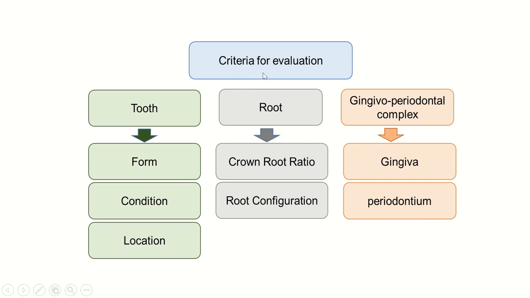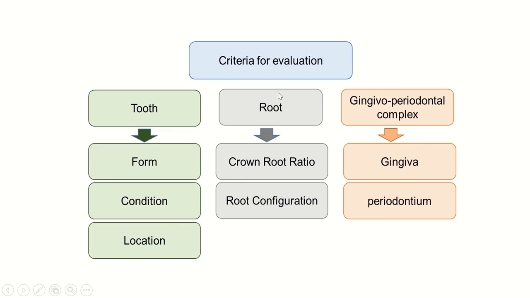The criteria of evaluation are usually divided into three sections. Some of the evaluation is related to the tooth, which includes the tooth form, meaning shape, size and length, and also the tooth condition, meaning the presence of caries and the pulp condition, in addition to the location of the abutment tooth.